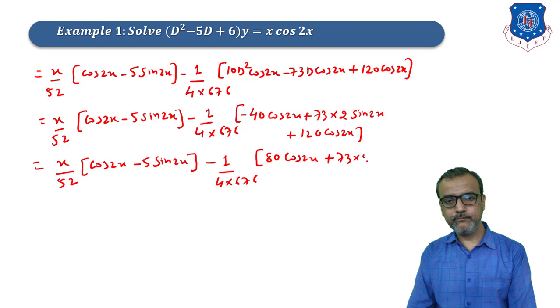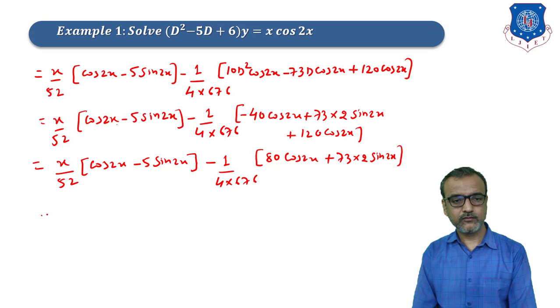Now from this expression we will take 2 common, and if you multiply 2 by 1 by 4, you will get 1 by 2, and then we will multiply 2 by 676. So this is equal to x upon 52 cos 2x minus 5 sin 2x.